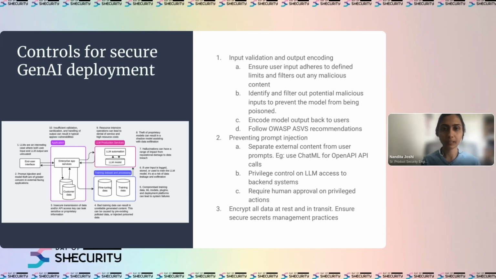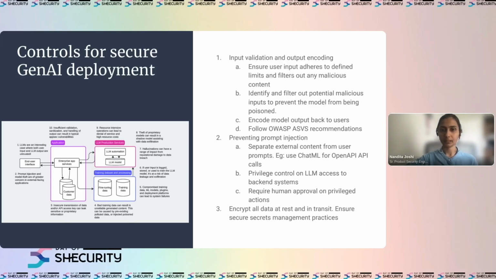The next few controls for preventing prompt injection are around privilege escalation. You want to ensure there's adequate privilege control on LLM access to backend systems. You want human approval required on privileged actions, so that you're not over-relying on the AI system to perform sensitive things.